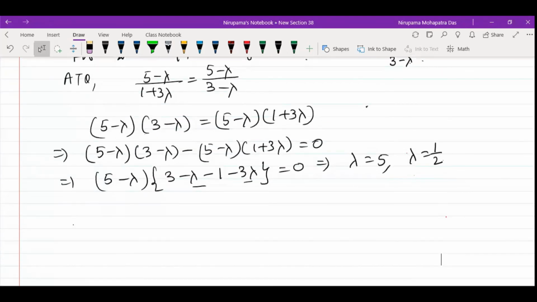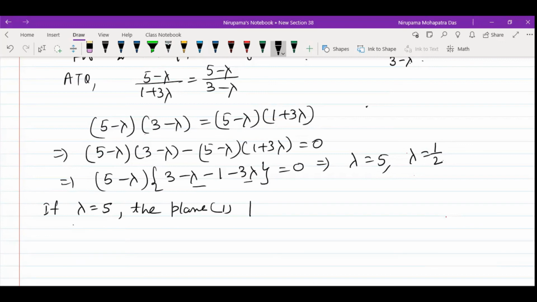So in case lambda equal to 5, we see the plane passes through the plane given by equation 1, I mean the general equation.